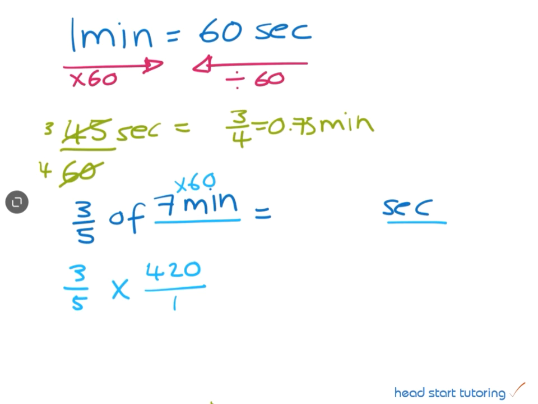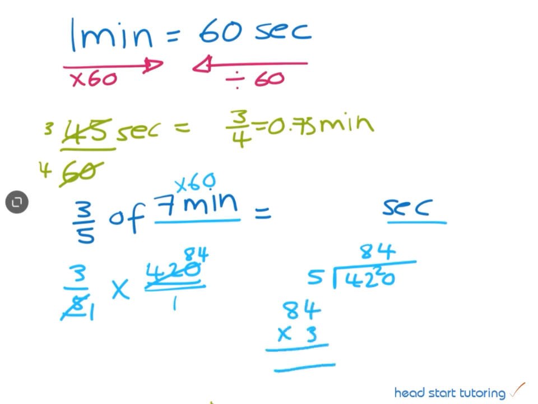And if we would like to do a little division on the side to see how many times 5 fits into 420, we say 420 and put our 5 there. 5 into 42 will fit 8 times, remainder 2, and 5 into 20 4 times. So 5 fits into itself once, and into 420 84 times, and then we say 84 multiplied by 3, and we get 4 times 3 is 12, 3 times 8 is 24, 25. So we end up with an answer of 252 seconds.